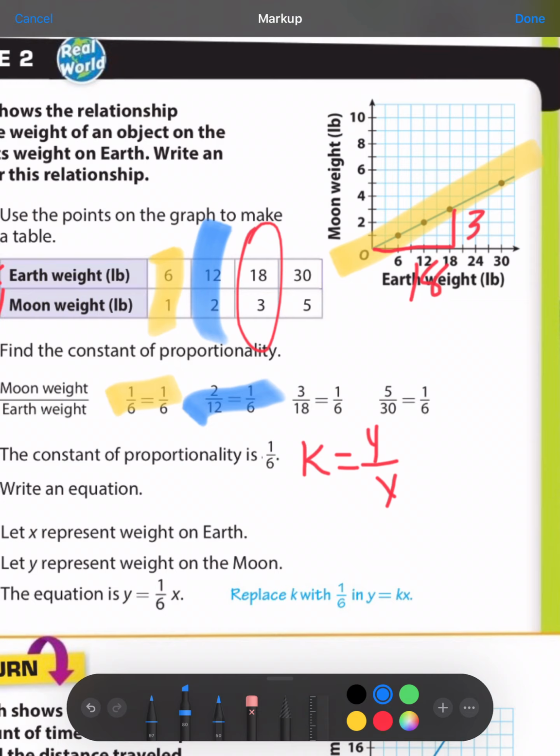So it's 2 divided by 12, or 1 divided by 6, because it reduces down to 1/6. Then we have 18 and 3, which becomes 3 over 18, which reduces to 1/6. And lastly, we have 30 and 5, which becomes 5 over 30, and that reduces to 1/6.